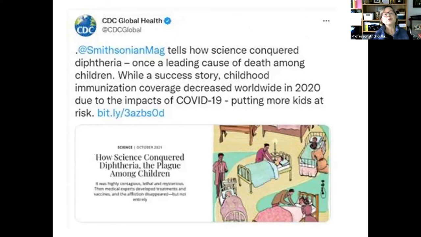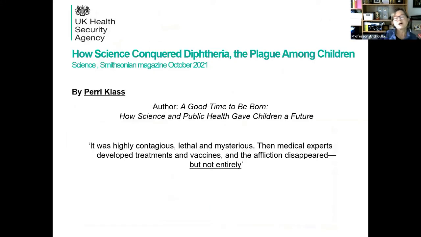I'd like to just finish by describing this. This is a publication that was brought to our attention from colleagues at CDC. It's a very interesting article in the Smithsonian magazine. And it's kind of like a history, a story of diphtheria. So how science conquered diphtheria, and they called it the plague amongst children.